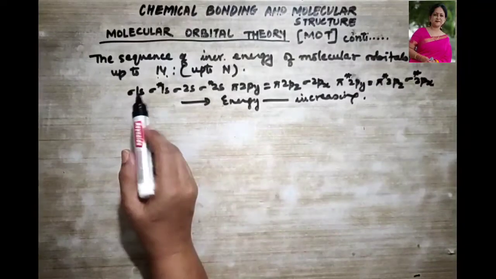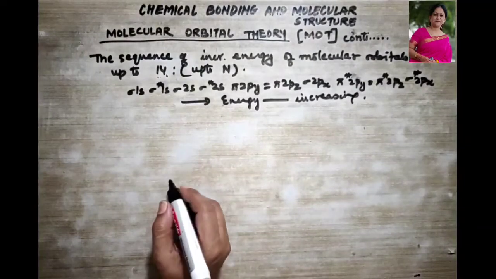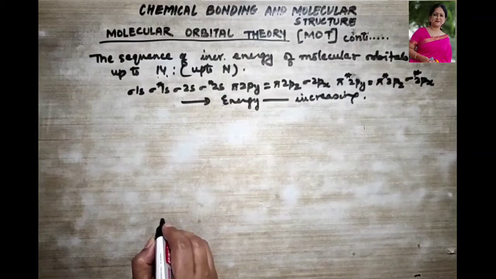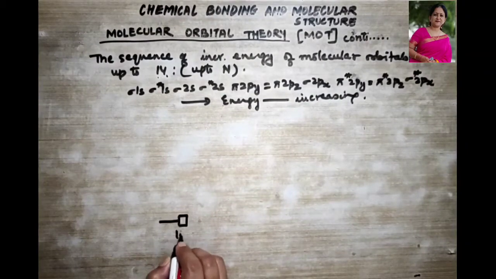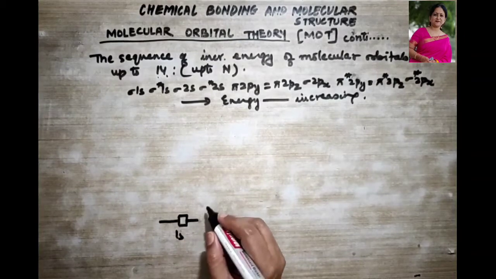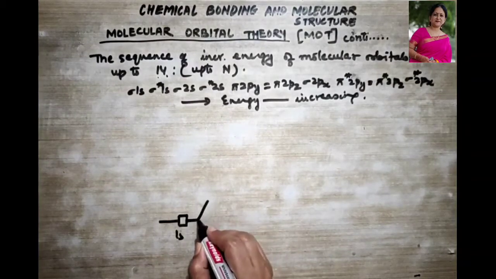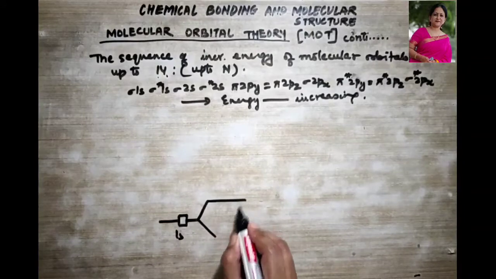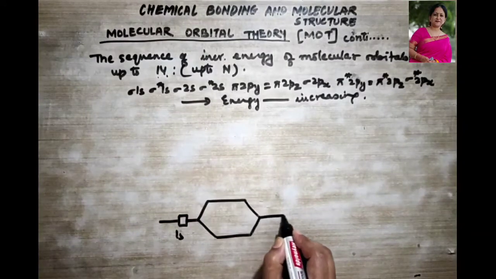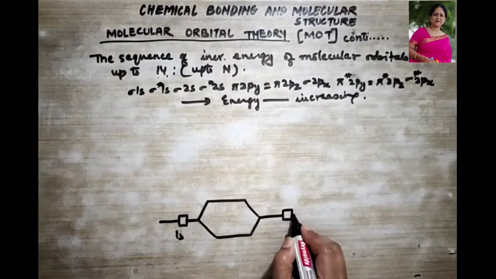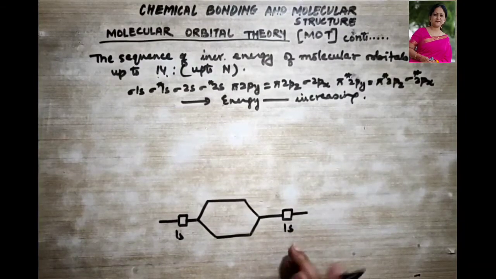So for 1s anti-bonding and bonding, how are we going to show? See it carefully. This is 1s, right?